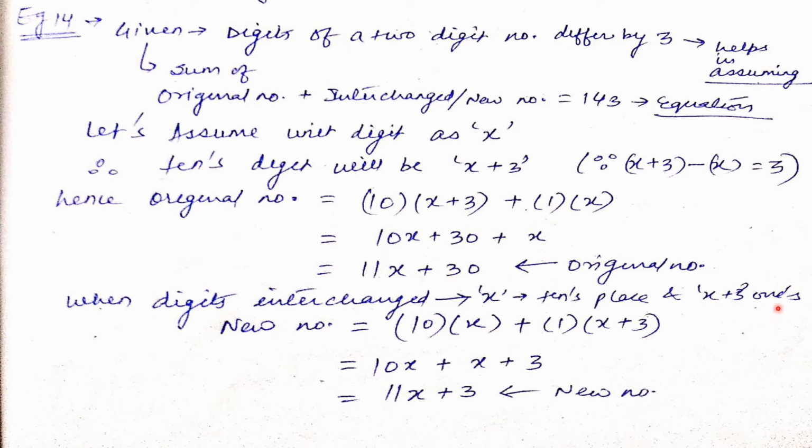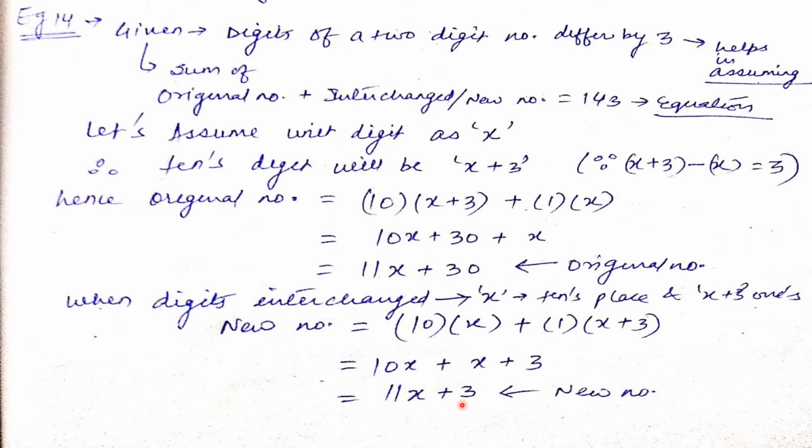This is known as interchanging the digits. Now we have the place value of x as 10x and the place value of x plus 3 as (x plus 3) into 1. If you add them, you get 10x plus x plus 3, which is 11x plus 3.